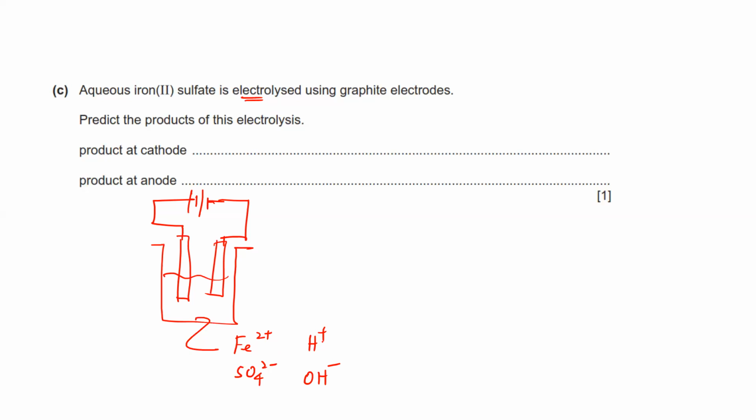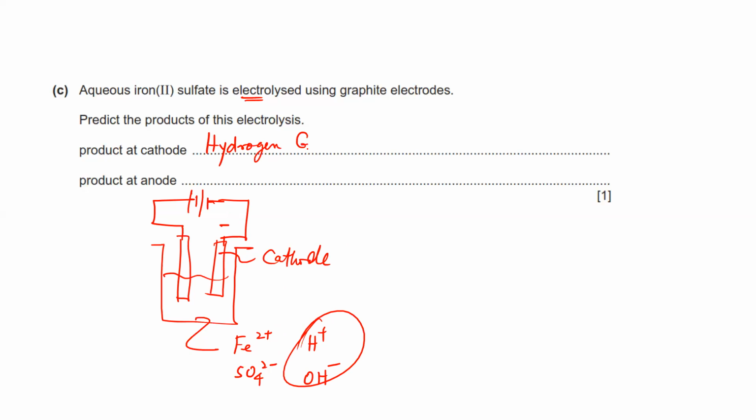So in the electrolysis or in the electrochemical series, these two will take up precedence. So positive ion will move to the negative electrode, and the negative electrode is actually the cathode. So this is your cathode. So cathode will give you hydrogen gas.